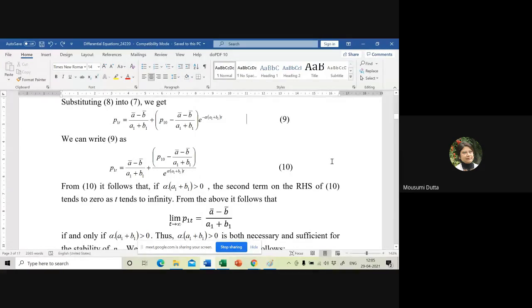So this thing I'll do. I'll bring e to the power alpha into A1 plus B1 into T in the denominator. Now, as you know, who told the condition should be positive? Ma'am, Ion. As Ion told us, if this alpha into A1 plus B1 is positive, in that case, as t tends to infinity, this entire element is becoming infinity.